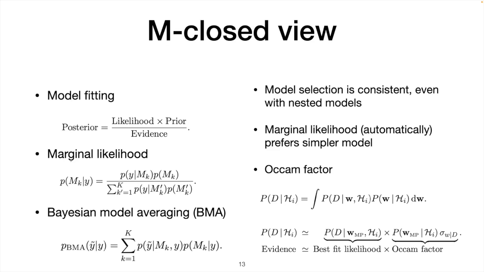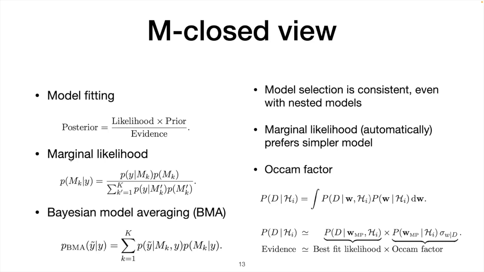So yes, the inference of the model and the inference of the model weight are separate. You compute the inference and then you compute the weight. These two steps are independent. So that's Bayesian model averaging.